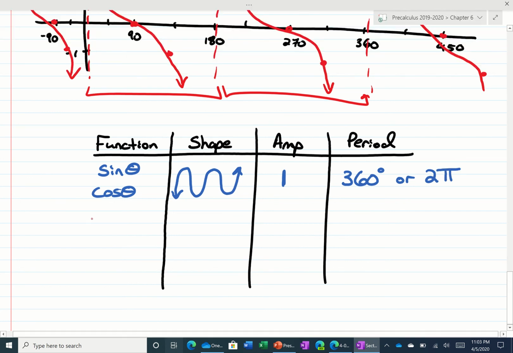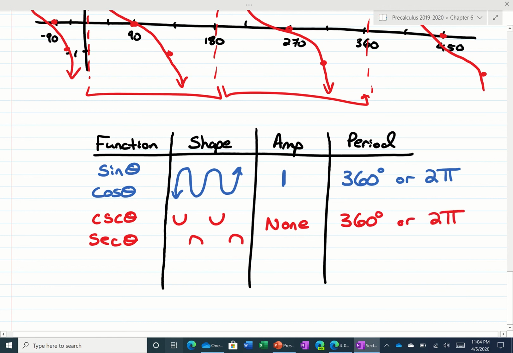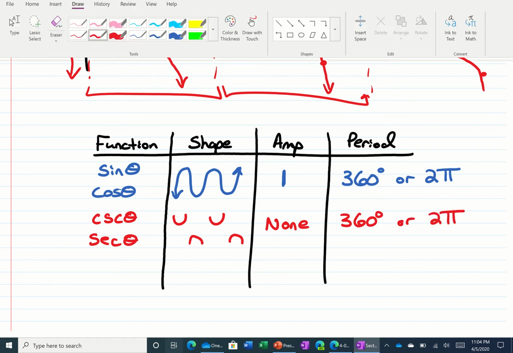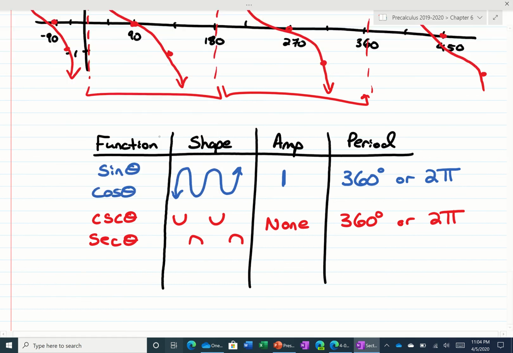Other graphs where we had cosecant and secant, that looked like alternating parabolas. There was no amplitude, and we said the period was 360 degrees, or 2 pi if we're in radians. Last functions were tangent and cotangent.